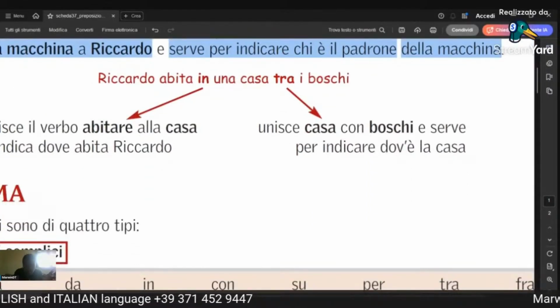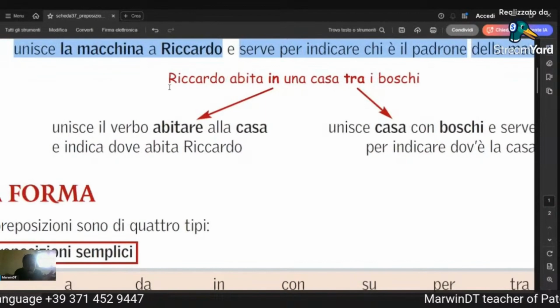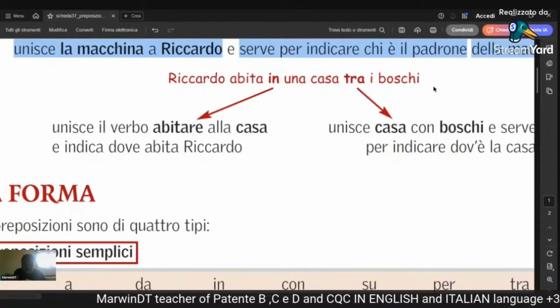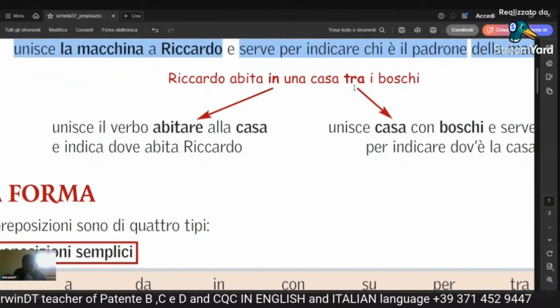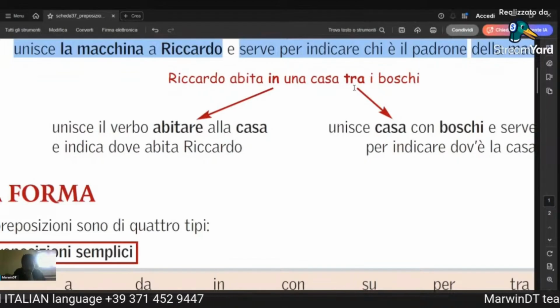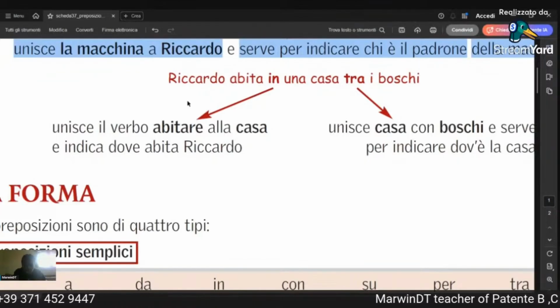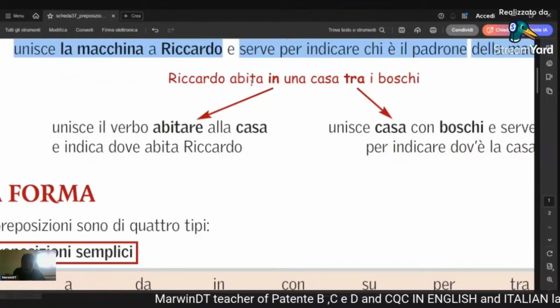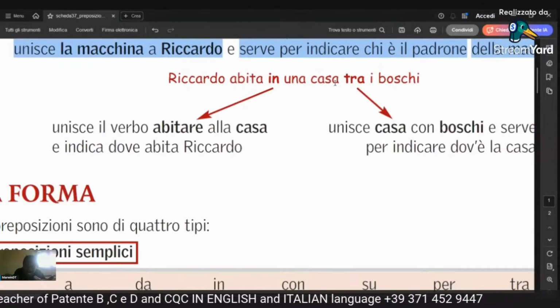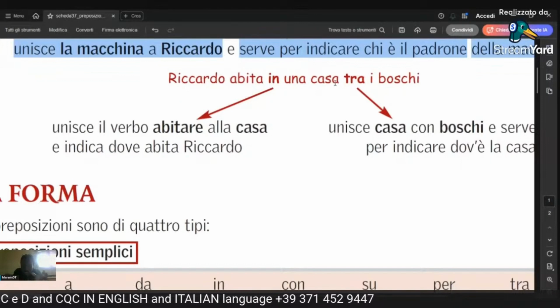Let's move forward. Then, another example: Riccardo abita in una casa tra i boschi. So in and tra, they are all part of preposizioni. What are they showing us? Riccardo lives in a house within the boschi, which is within the bush.